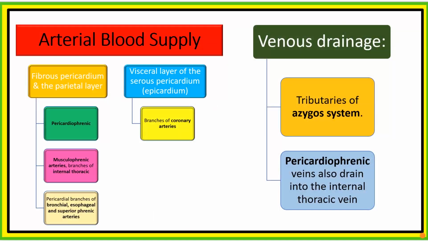The blood supply to the pericardium can be divided into two parts: blood supply to the fibrous pericardium and parietal layer, and blood supply to the visceral layer of the serous pericardium, which is called the epicardium.